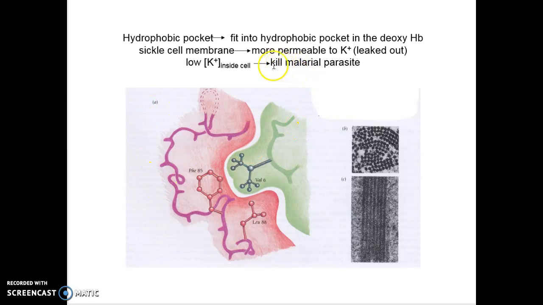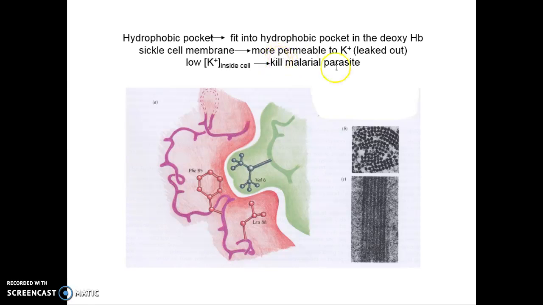It turns out that in recent years they could kill malaria parasite because the distorted cell membrane of RBC allows more permeability to potassium, which is abundant inside the cells, leading to low concentration inside the cells.